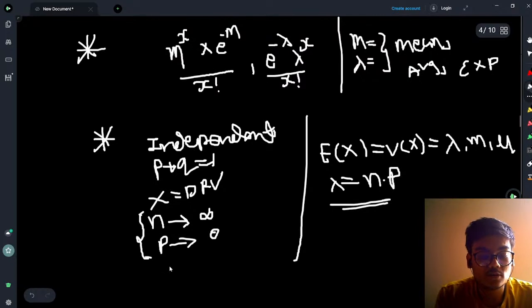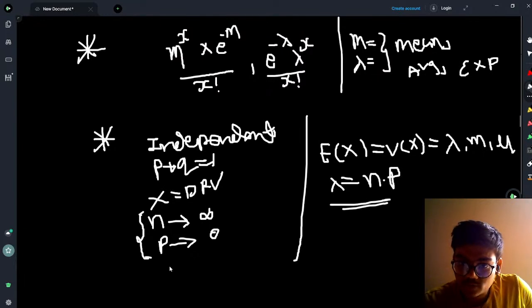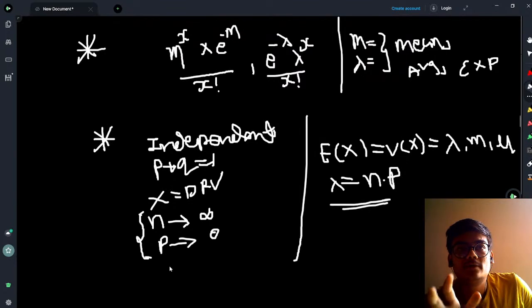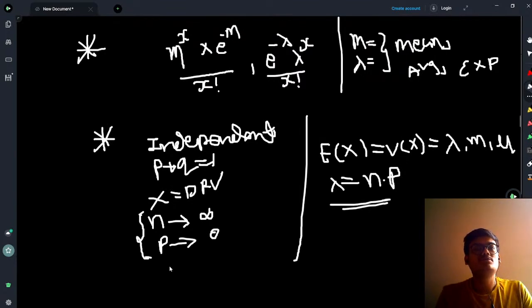Or, if the Poisson distribution is not mentioned in the question, look at the occurrence of events. For example, if I'm standing on a road as an observer and I see bikes moving, for 1 hour the average number of bikes moving is 10 or 20.